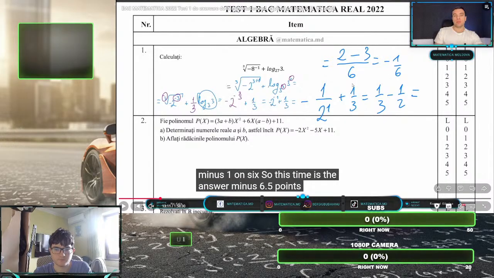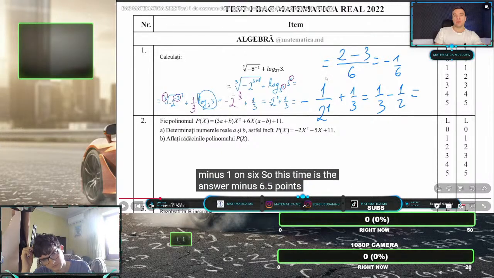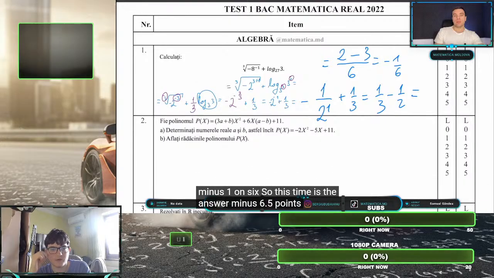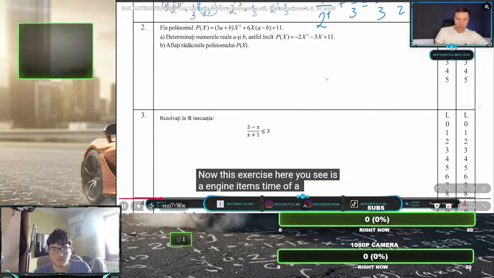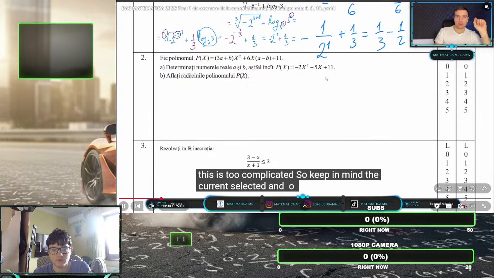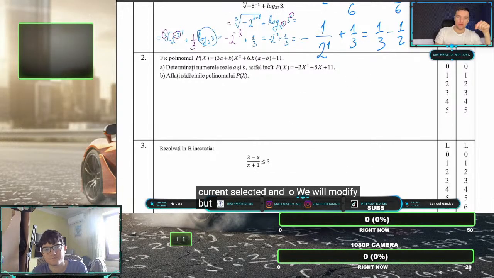So we got the log stuff. I said something like minus 2 divided by 3 in the beginning. Right now, that wasn't exactly right anyways. We got the second one. This px, I don't really remember how it's done.